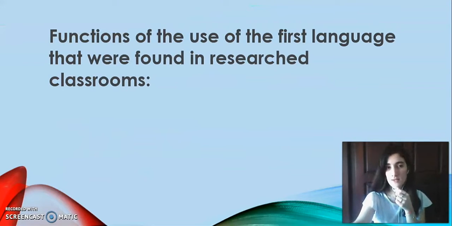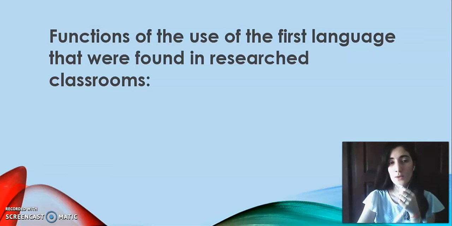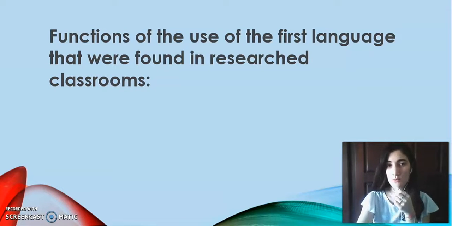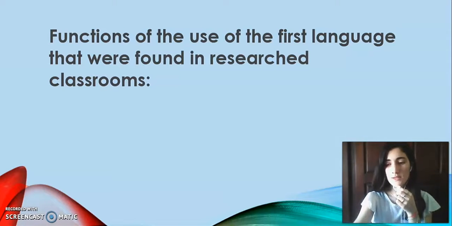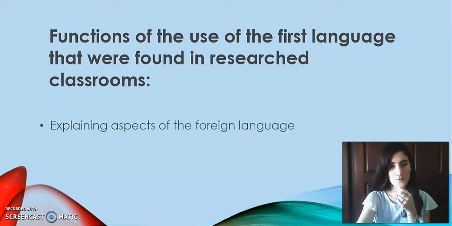So there has been an investigation, and here we have functions of the use of the first language that were found in research classrooms. So here is a list of all the times the teacher has used the first language and the functions.